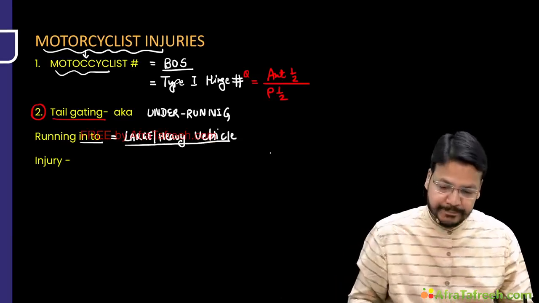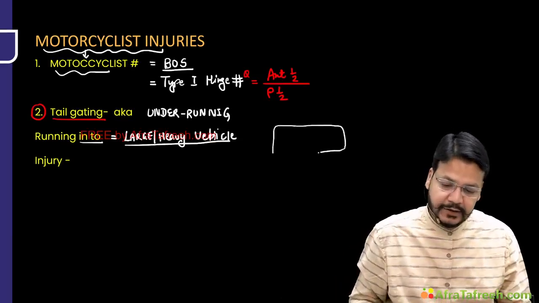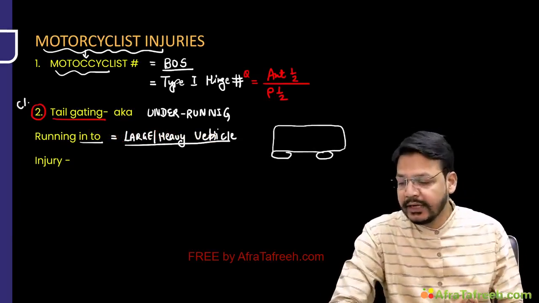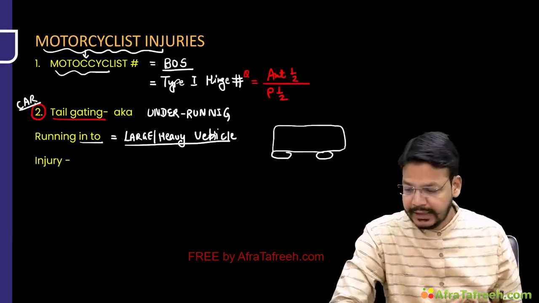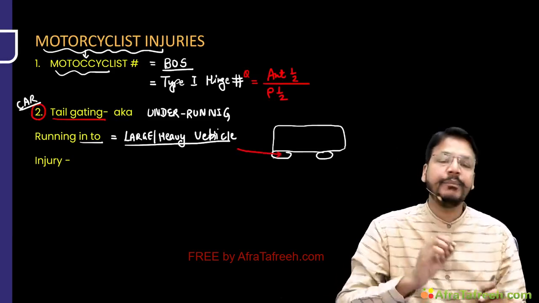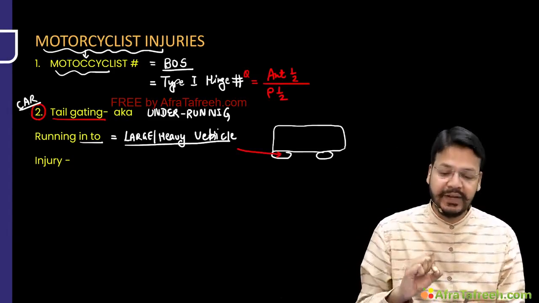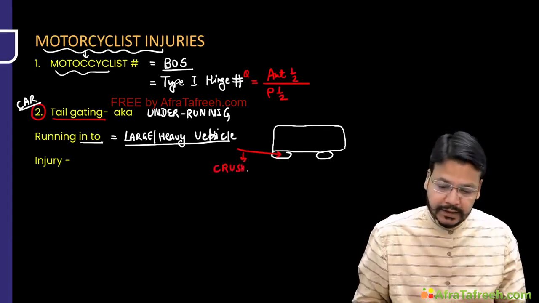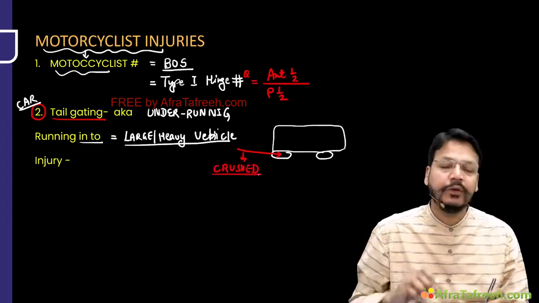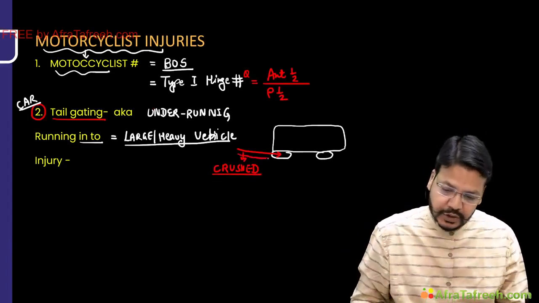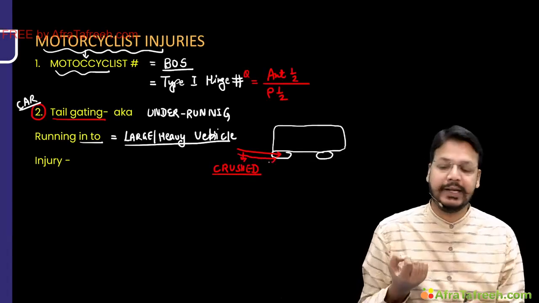I am giving an example. See, this is a truck. If any motorcycle, or even a car, runs behind the large or heavy vehicle and rams inside or behind it and is crushed, this is known as underrunning, tailgating.